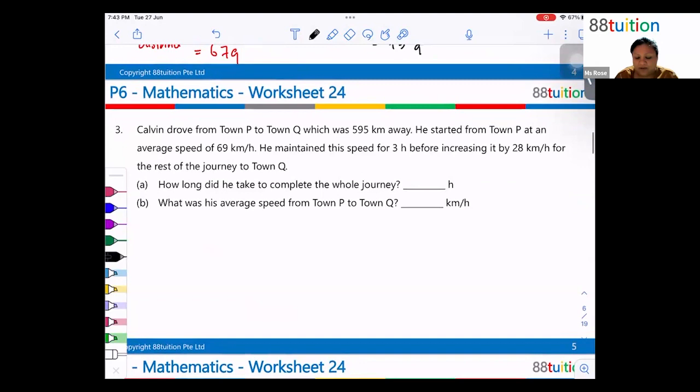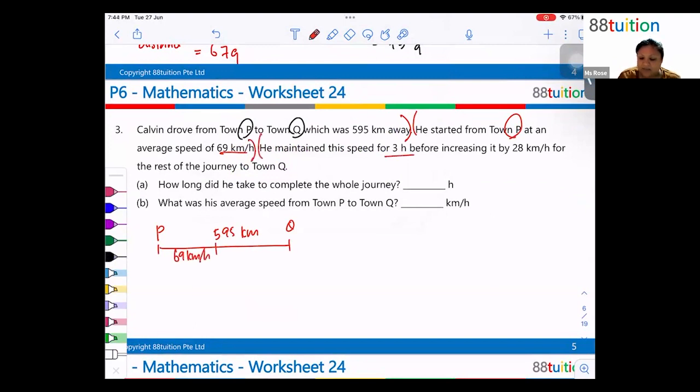Okay, so we look at question number 3. So Kelvin drove from P to Q, which was 595 kilometers away. Now he started from town P at an average speed of 69 kilometers per hour.